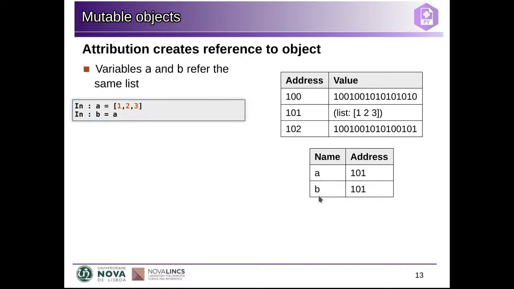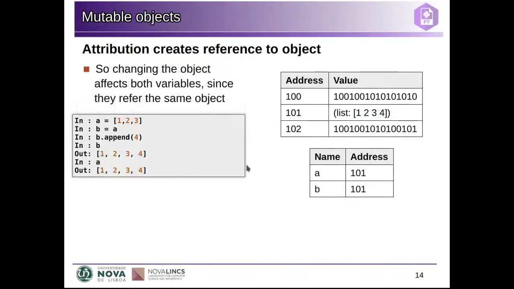So now a and b are synonyms for the same object. If this object could not be changed, it would not make a difference. It doesn't matter if it's the same or different, because it's always, say, 23 or some given string. But if it's a mutable object like a list, then this effect may happen.